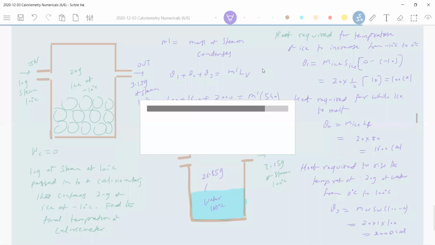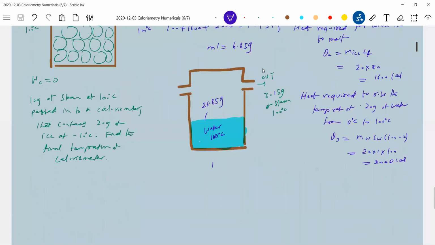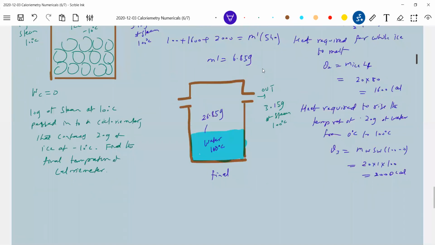Okay, let's take one more problem on this. There's the final. Let me write it. There's the initial.